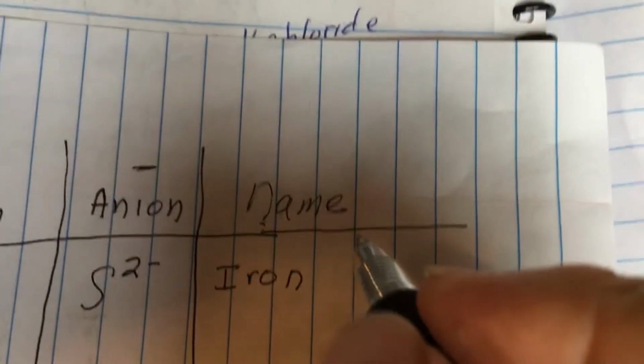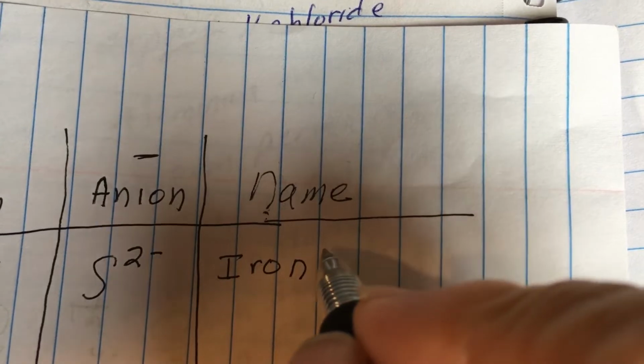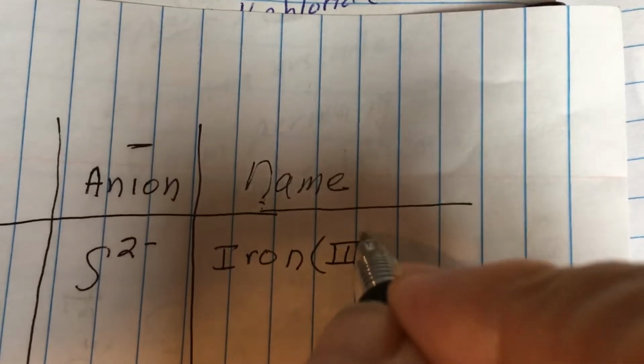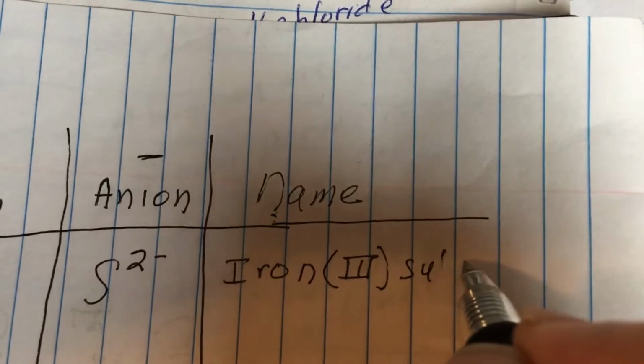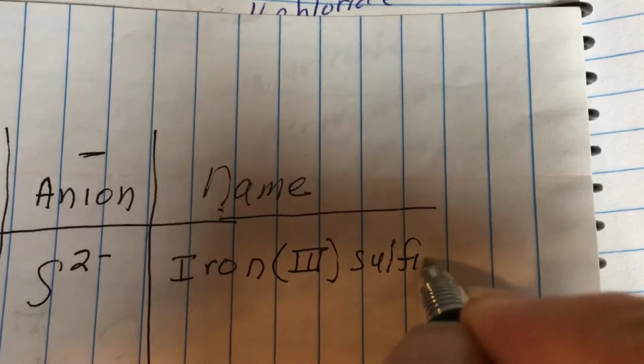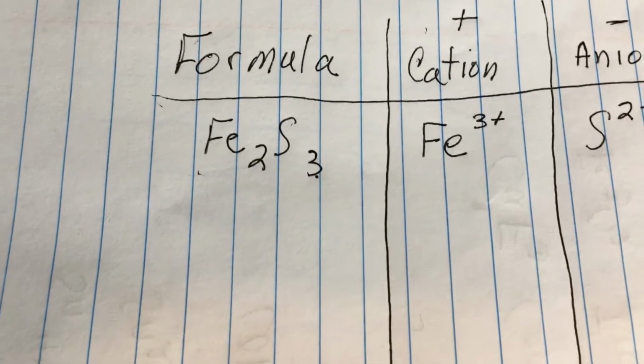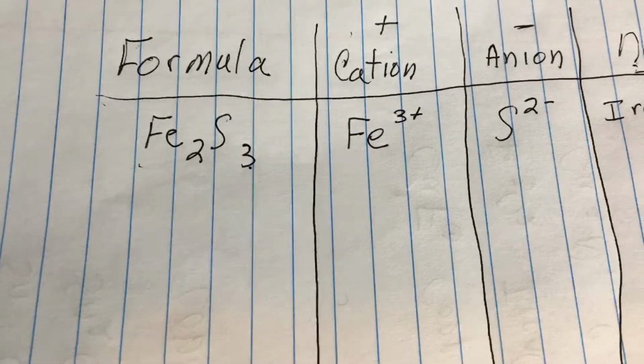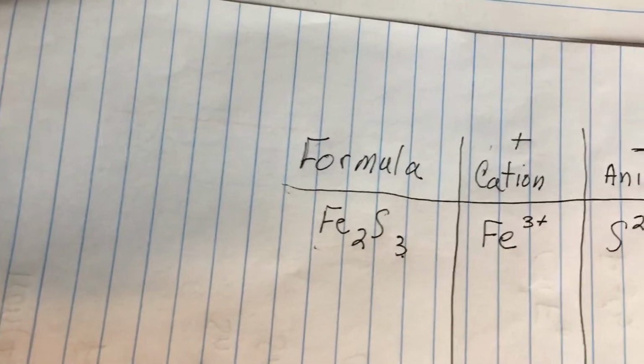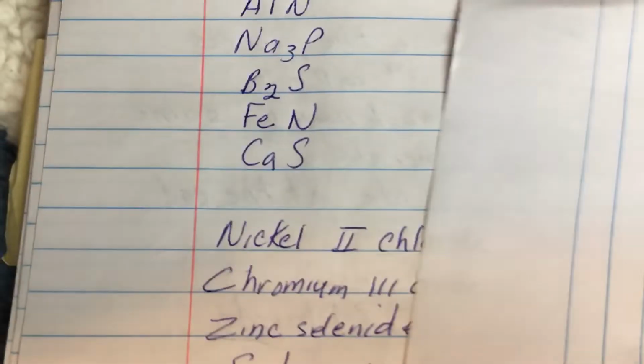Iron (3) sulfide. So I guess I have 9 of them written down here for you. This one is Al, aluminum.